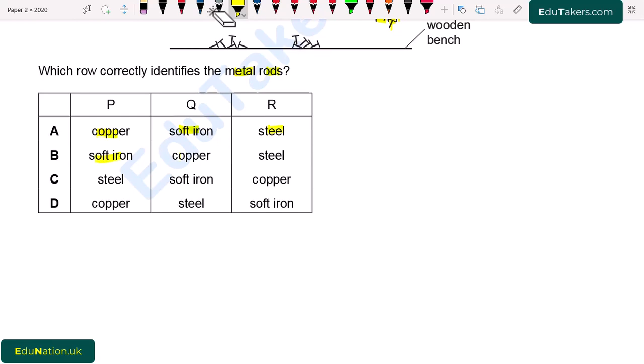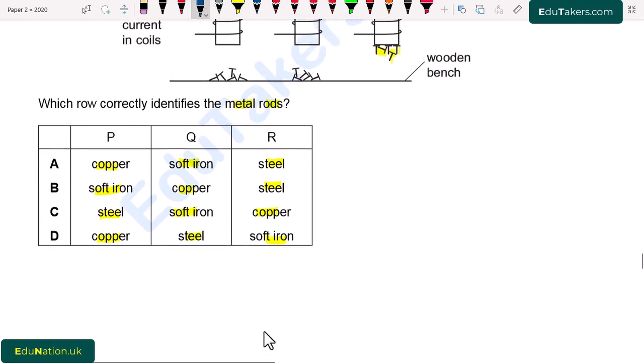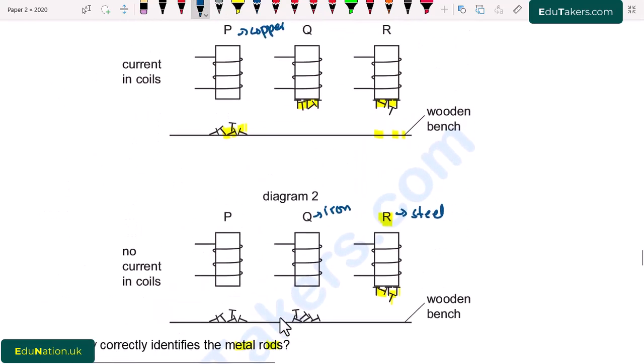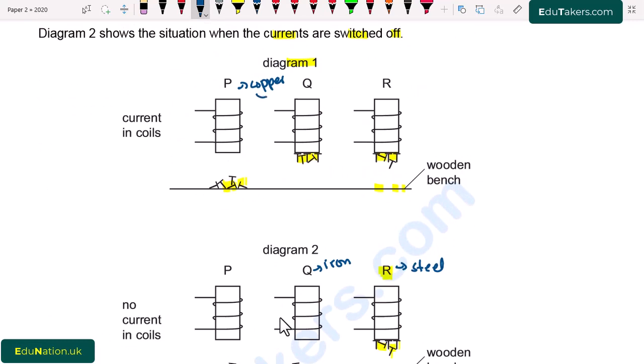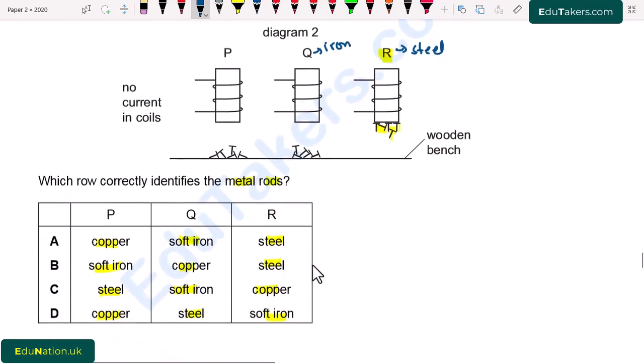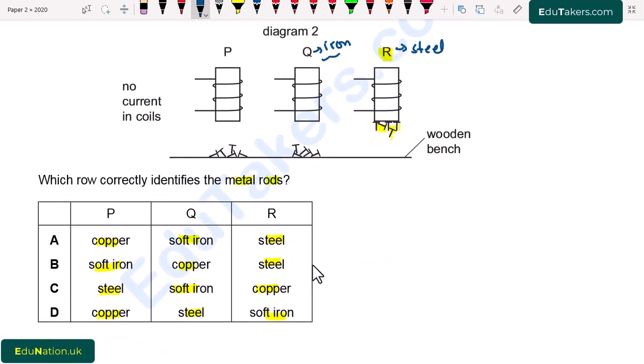B, soft iron, copper and steel. C, steel, soft iron and copper. D, copper, steel and soft iron. So from here option A is correct, which shows that P is copper, Q is soft iron and R is steel. So option A is correct.